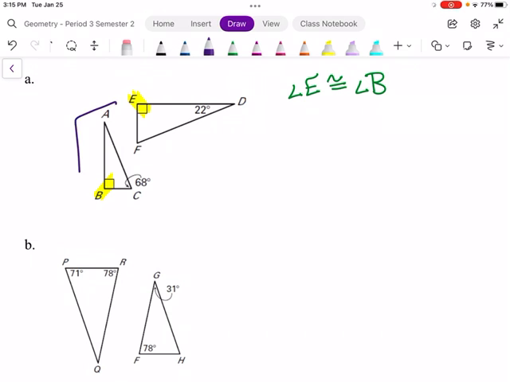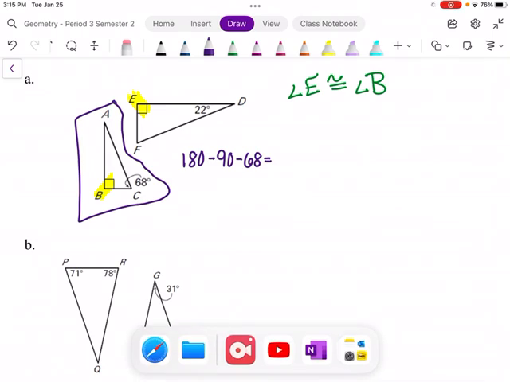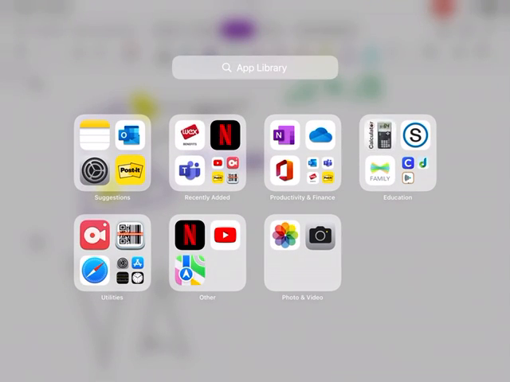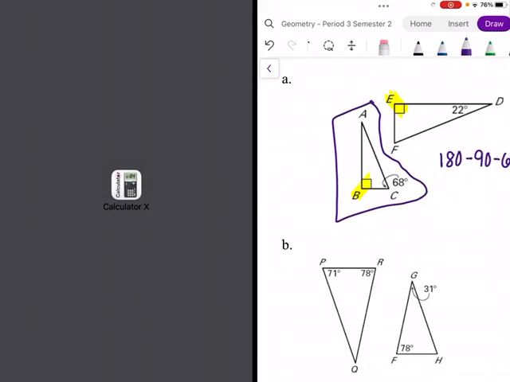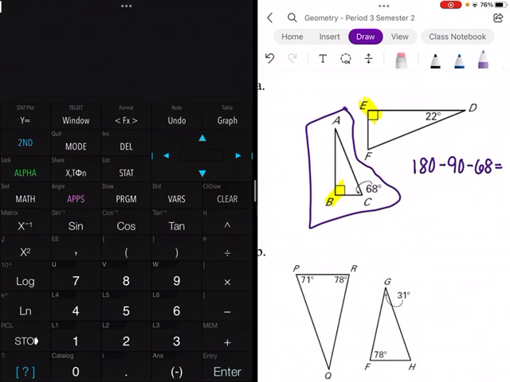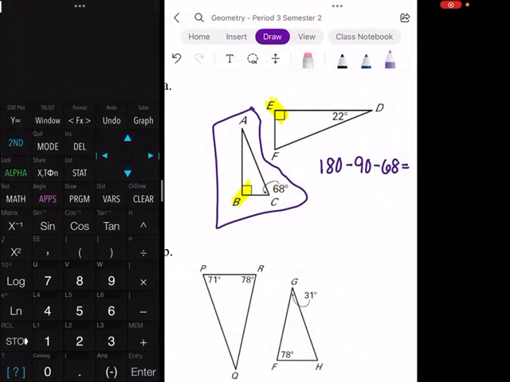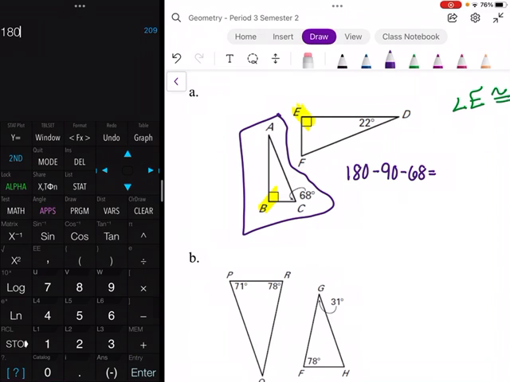So if we look at our first triangle, ABC, I'm going to find the third angle there. To do that, you're going to take 180 minus 90 and minus 68. And when you do that, you will find whether or not it is equal to the other angle in the second triangle. So I'm just going to type that into my calculator, and we would get 22 degrees.